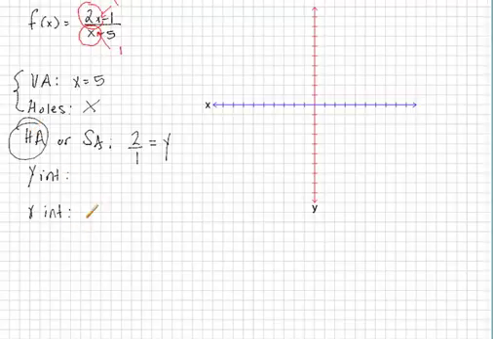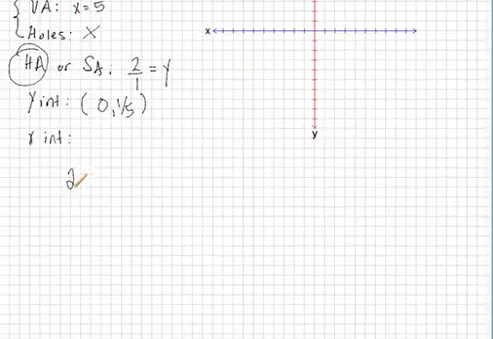Okay, let's find our y-intercepts. Super easy. Let's just put in 0 for x. If you put in 0 for x, you'll see that we get -1 over -5. So our y-intercept occurs at x equals 0, y equals 1/5. And to find our x-intercept, we have to set the whole equation equal to 0.